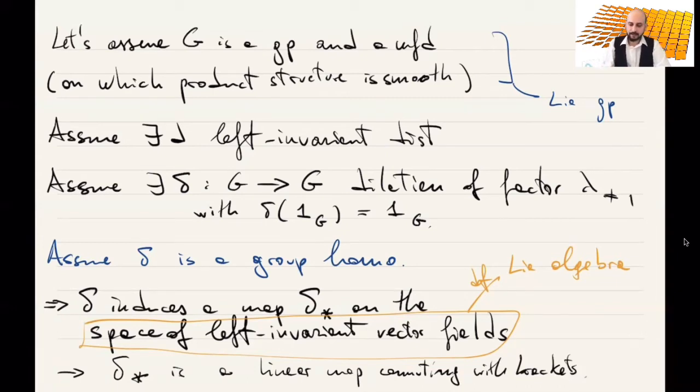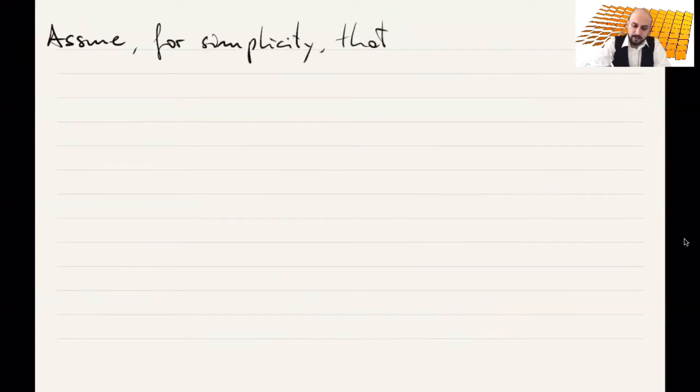Okay, let's think of how this map can be done. Let's make it simple for us to understand. Let's assume for simplicity that the map on the level of vector fields, delta star, is actually a diagonal map.